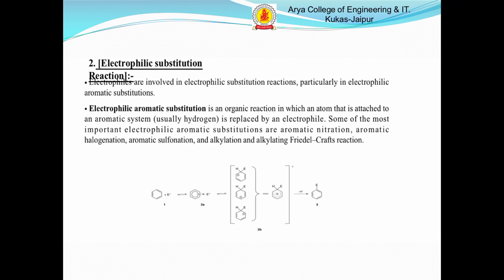Electrophilic substitution reaction is an organic reaction in which an atom that is attached to an aromatic system is replaced by an electrophile. And we can say that aromatic substitutions include aromatic nitration, aromatic halogenation, aromatic sulfonation, and alkylation and acylation Friedel-Crafts reactions.